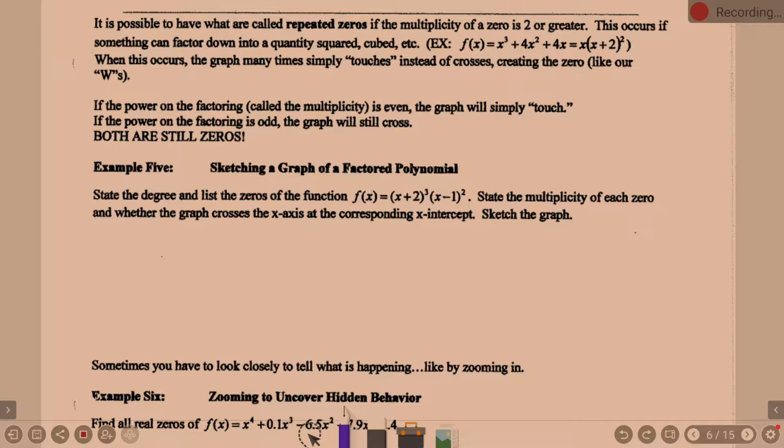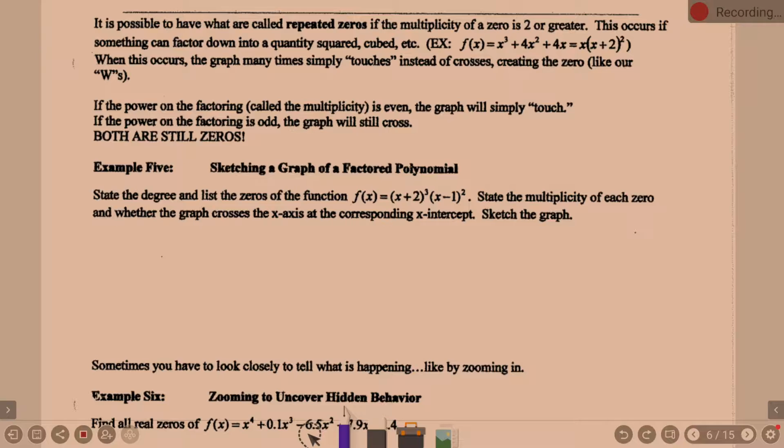This occurs if something can factor down into a quantity squared, cubed, etc. And then they give us an example there that if f of x is x cubed plus 4x squared plus 4x, it can factor down to x times (x plus 2) squared. That (x plus 2) squared, that's the type where we have a repeated zero. The multiplicity is greater than 1. And I'm going to come back to that here in a moment.